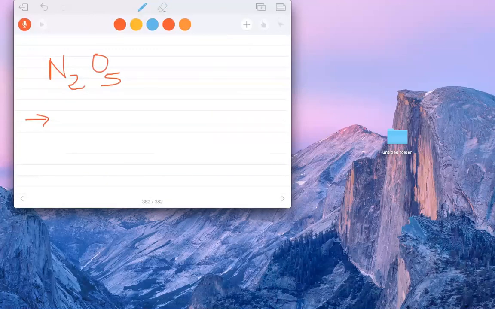This will be dinitrogen pentaoxide or pentoxide. Sometimes they say pentaoxide or pentoxide. Different texts have different ways, so that's how I'll name that.